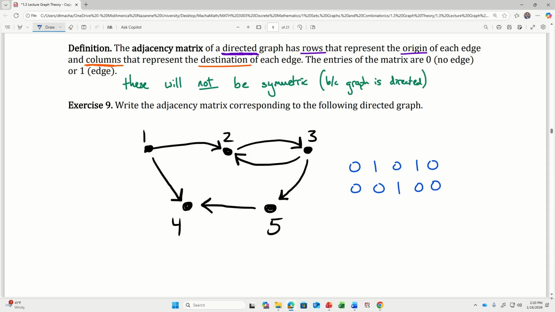Node 3 is the origin of edges that go to 2 and 5. Node 4 is not an origin for any edges, and node 5 is an origin for an edge that goes to node 4.